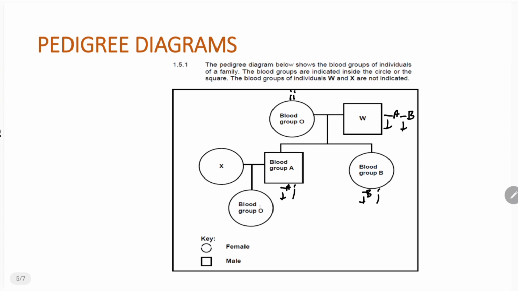Individual number X was able to give birth to a daughter who has got blood group O, right?